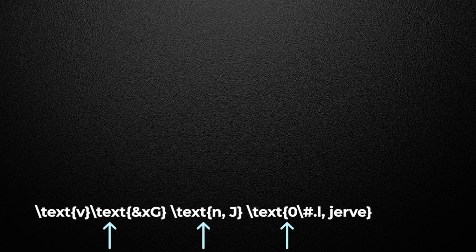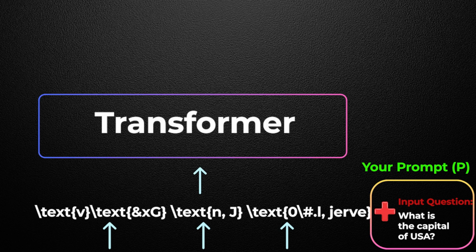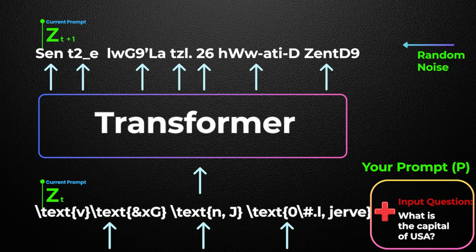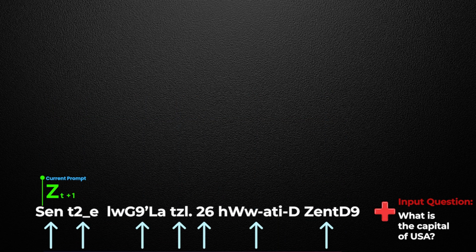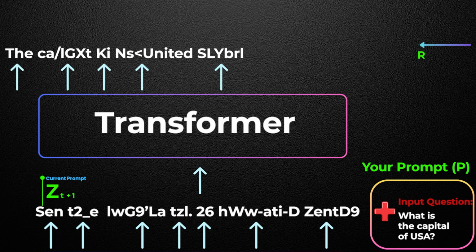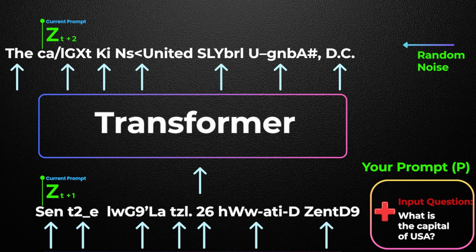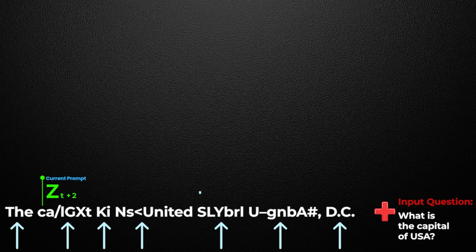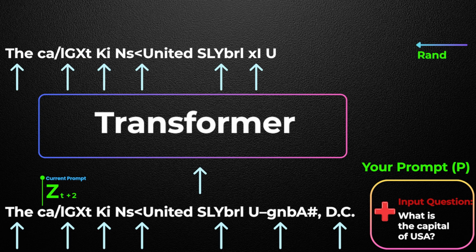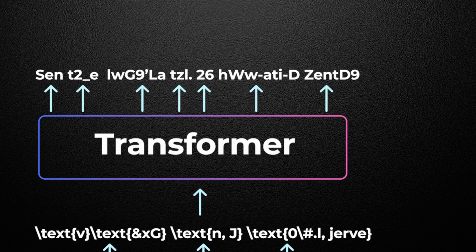The instruction is more like, given prompt P and the current noisy answer Z, predict the clean final answer X. The model uses that prediction to take a small step to produce a slightly less noisy, still guided by P, output. Repeat this enough times, and the random start morphs into a coherent prompt level paragraph.